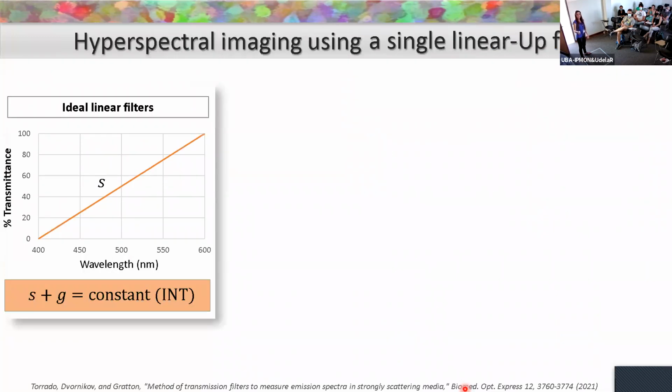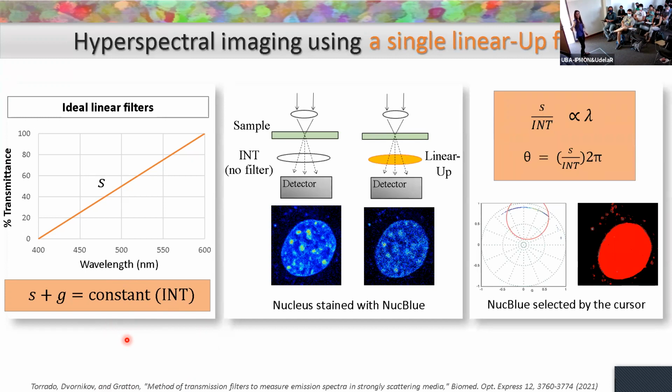Then we thought, maybe we can simplify this even more, because the up and down filters are not independent, they are related with the total intensity. So we said, well, we can actually image through a linear up filter and then the total intensity, and that ratio will be proportional to the wavelength, and then we can calculate the phasor plot coordinates.